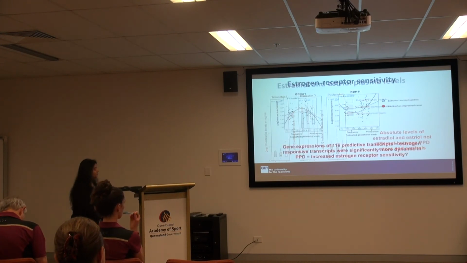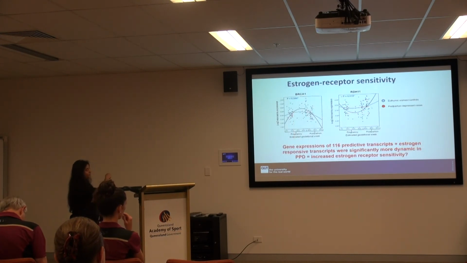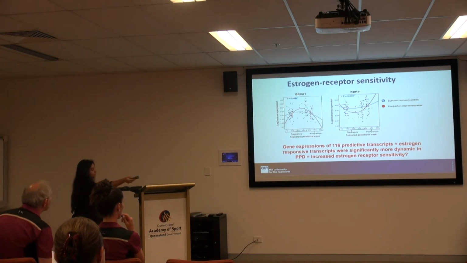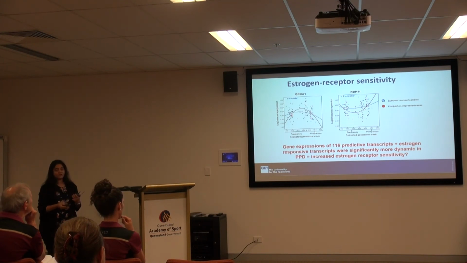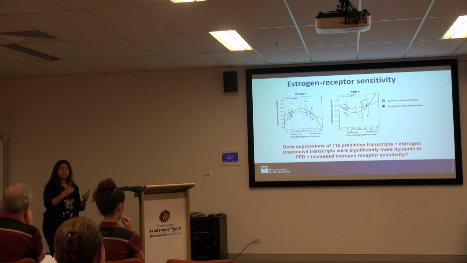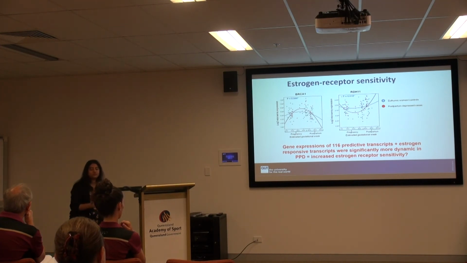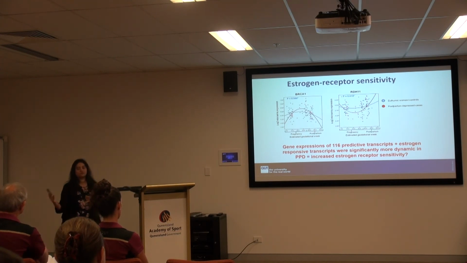We had gene expression from women before pregnancy, so 0 here is preconception, and through postpartum. We wanted to check, could it be that the gene expression profiles of these 116 genes, and we also looked at a set of estrogen responsive genes, look different among the PPD women, so women with postpartum depression, versus the controls?